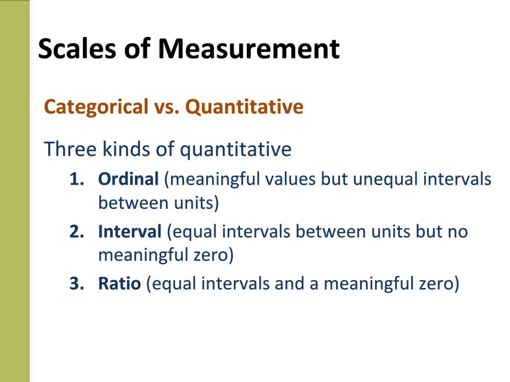Let's say we have a list of the top 10 highest grossing books of all time. And we know from looking at this list that book 1 sold more than book 2. And we know that book 2 sold more than book 3. But we are unsure if the difference between book 1 and book 2 is the same as the difference between book 2 and book 3. For instance, book 1 might have sold 3,000 copies in the first 5 minutes of being released.